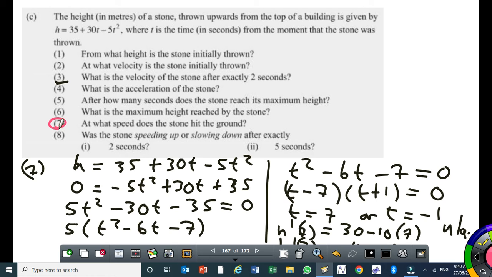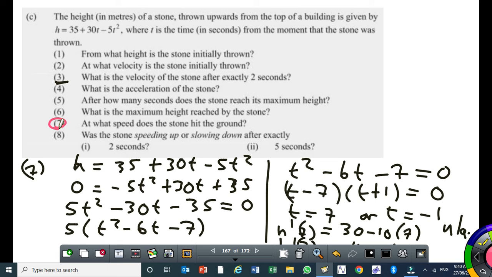Okay, so when the stone is thrown up, obviously it will come down. We might need to know how long it is going to take, or rather, at what speed it is going to hit the ground.